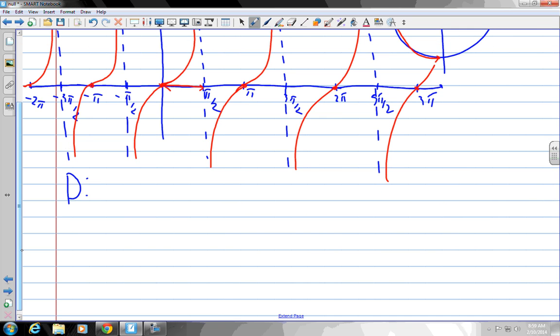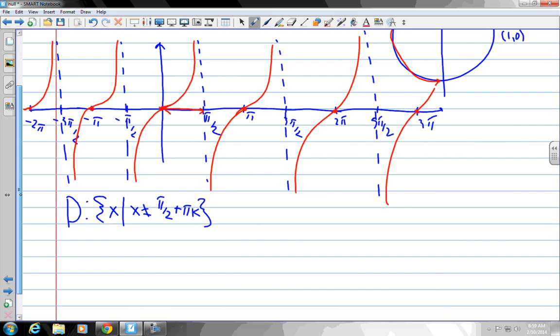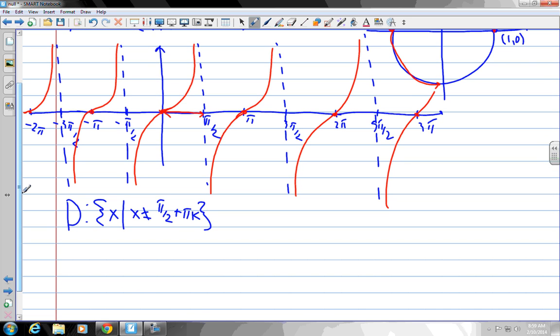So I can say that the domain is all x's such that x does not equal pi over 2 plus pi k, or odd multiples of pi over 2. What about the range? From negative infinity to infinity. Everything is covered on the y-axis, so the range is all real numbers. Is that okay?